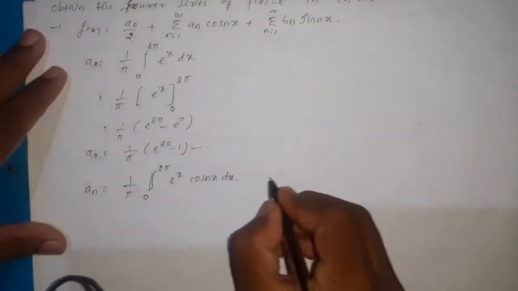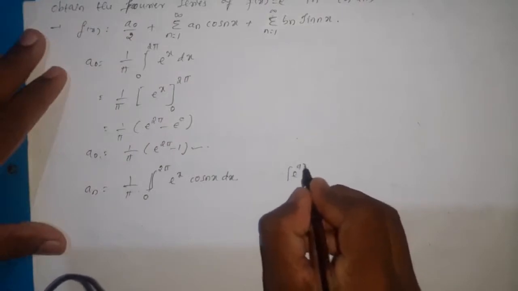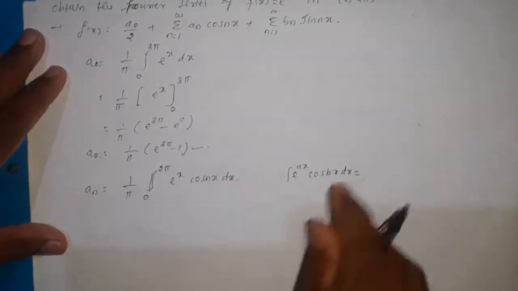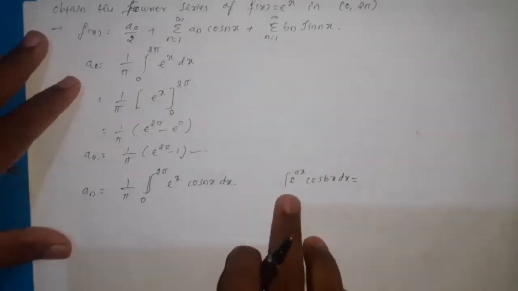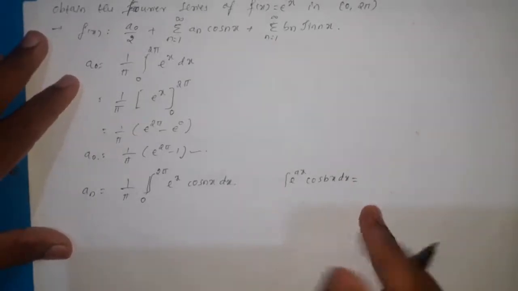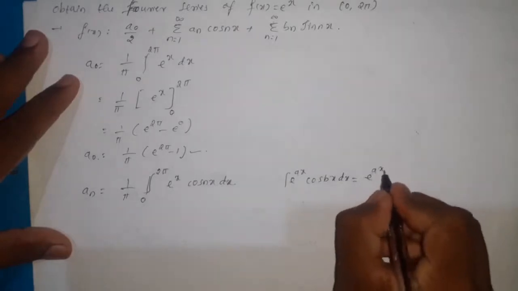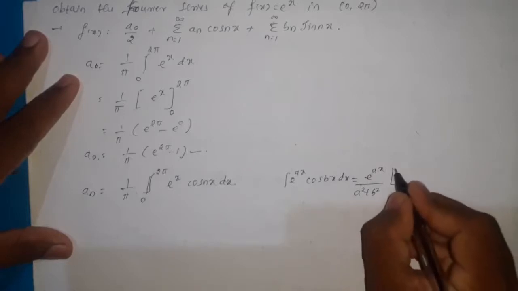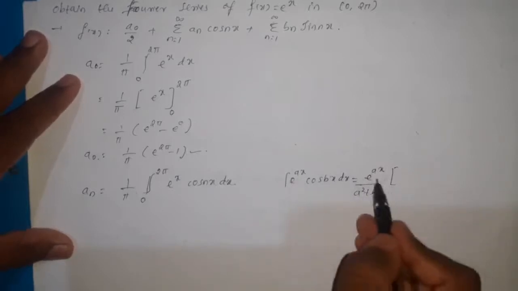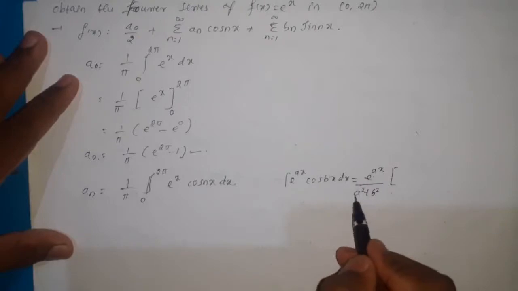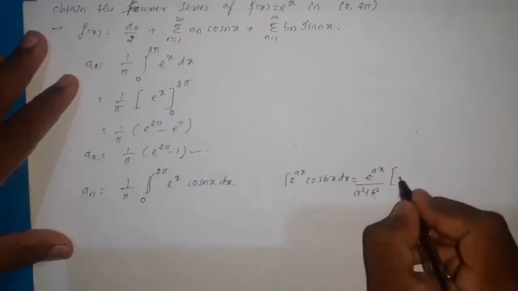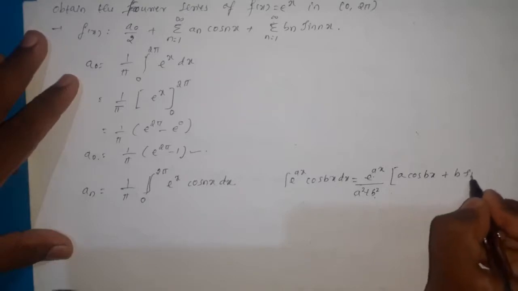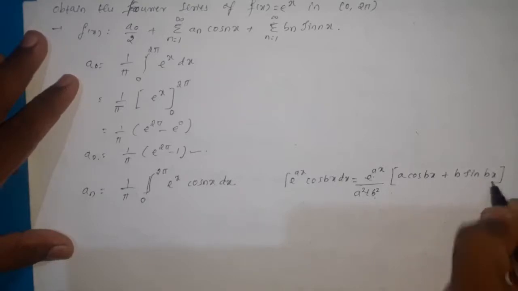That is, the integration of e power ax into cos bx dx is equal to e power ax divided by a square plus b square, into a cos bx plus b sin bx.